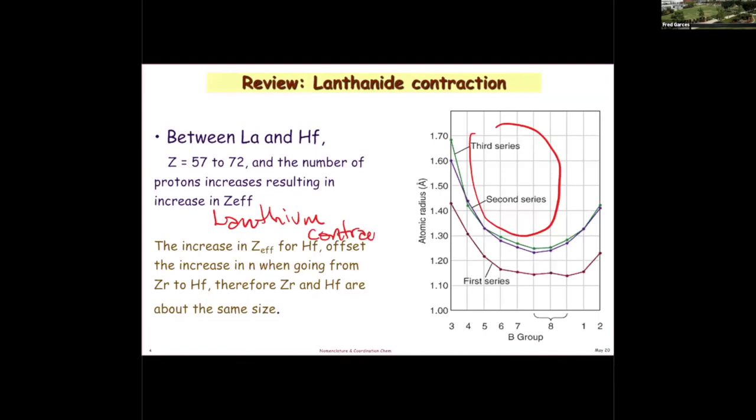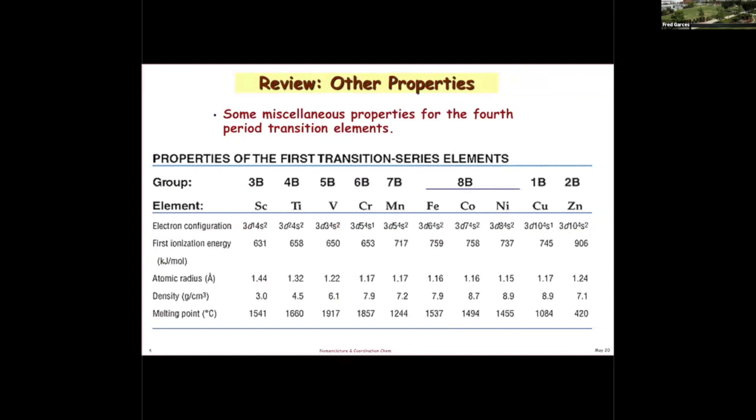And if you forgot about this in your general chemistry part 1 course, then you could easily look it up. Here's an important table showing you the electron configuration for the transition metals.